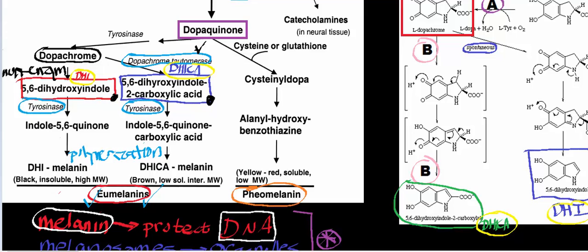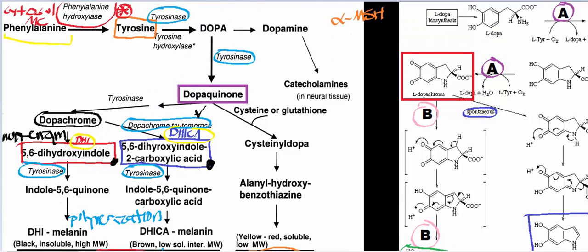Now, here's a question that's on your essays for the test. What is arguably the most important enzyme in melanin synthesis? First of all, your answer should be tyrosinase. And the question is why? Well, notice what it's doing.